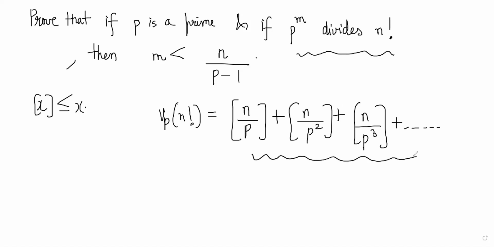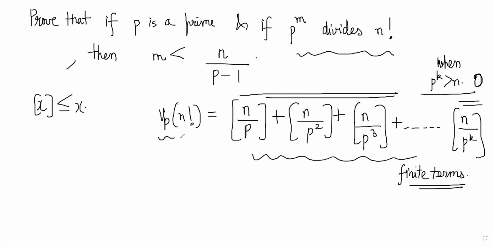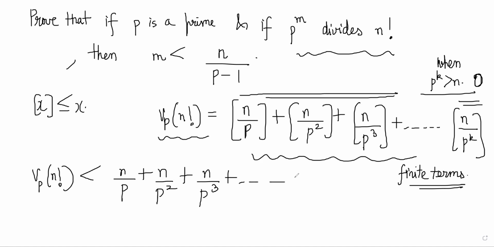This is going to be a set of finite terms, because even if the series extends till infinity, when p^k is greater than n, most of the other terms are going to become zero because of the floor function, right? So only a finite number of terms here will add any value to the Vp function. So we can say Vp(n!) will be less than n/p plus n/p² plus n/p³ and so on.